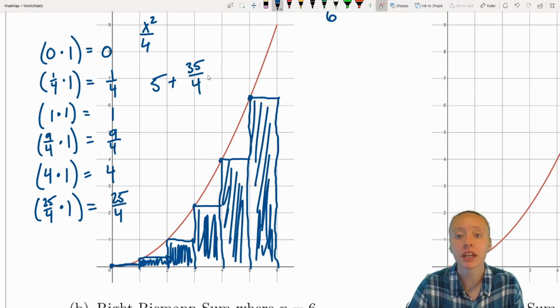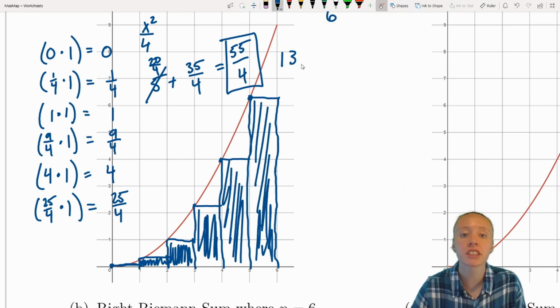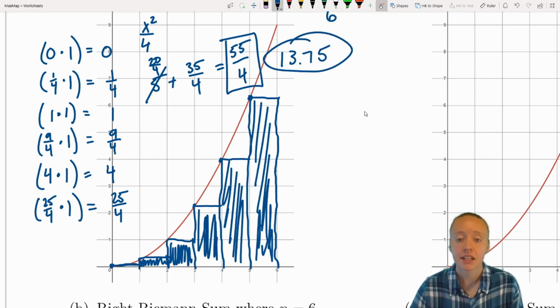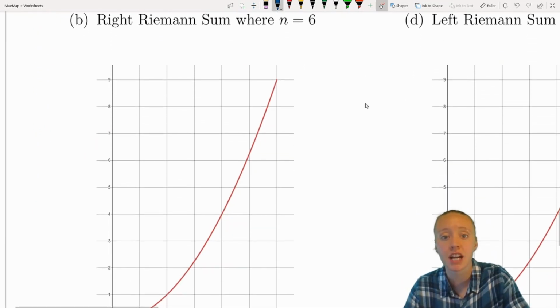Writing 5 with a common denominator, 5 is also 20/4. 20 plus 35 is going to give me 55, and that's all over 4. So my area is roughly estimated to be 13.75.